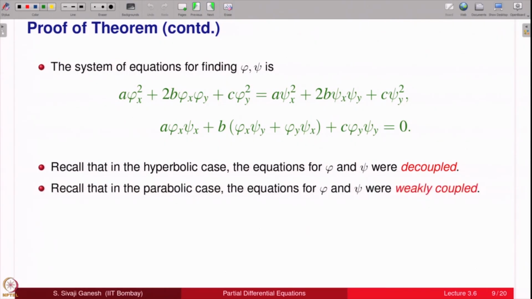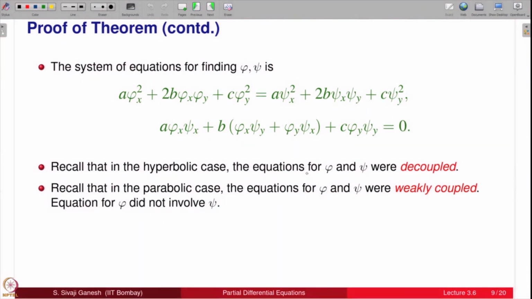In the parabolic case, the equations for phi and psi are weakly coupled, in the sense that the equation for phi did not involve psi at all. Unfortunately, once we solve for phi and substitute in the second equation, the equation reduces to the identity 0 equal to 0. Maybe it is a good thing, because now we can choose psi arbitrarily as long as the Jacobian of phi and psi is non-zero.